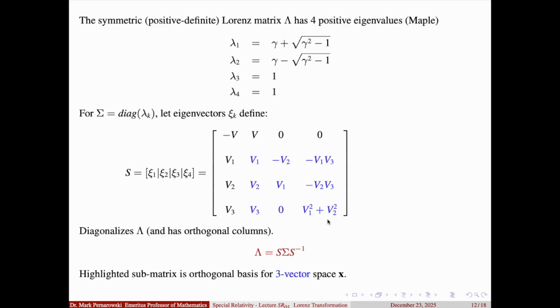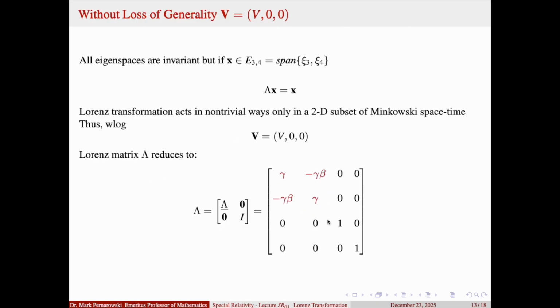So what does this all mean? This is a without loss of generality argument. We may as well have diagonalized the matrix and used the coordinate systems in that matrix S instead of our original ones, and say that the velocity is in the direction of x1. How do we do that?